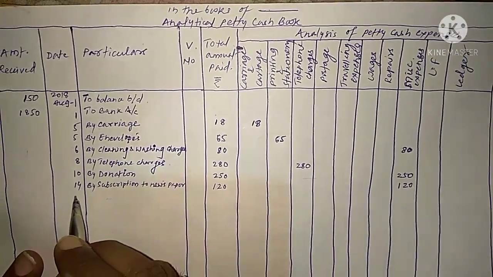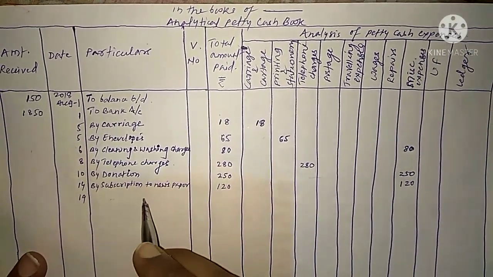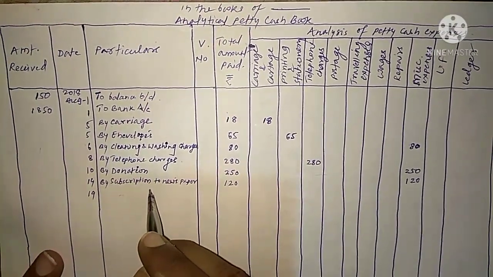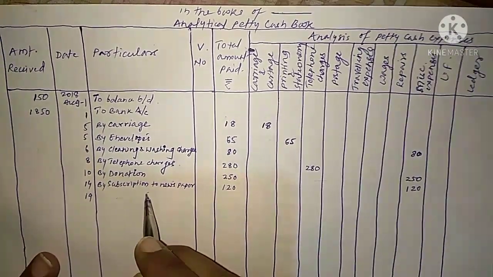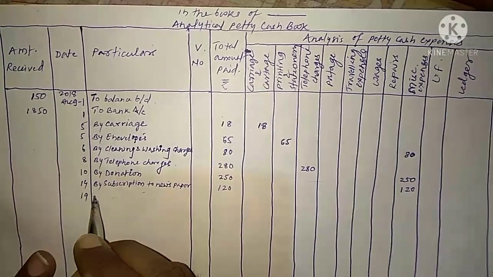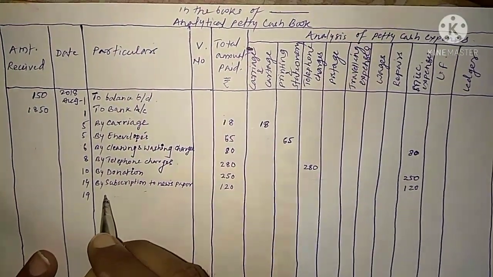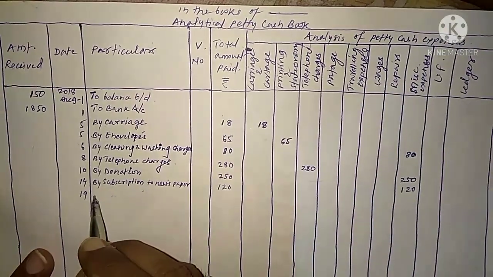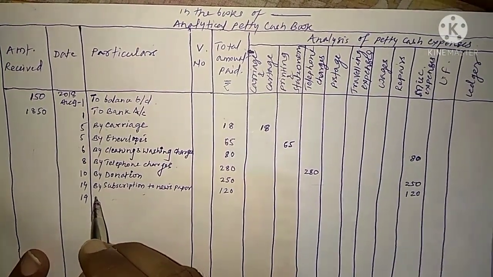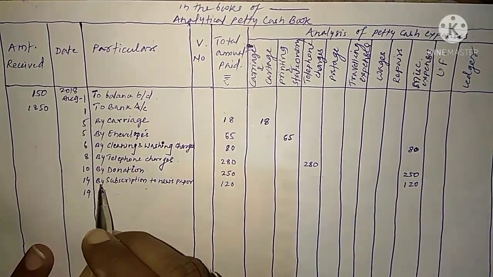And then transaction on 19th, paid for postcard rupees 60 and revenue stamp rupees 45. So here in this transaction also there are two different expenses. So we are required to make the effect of both separately.